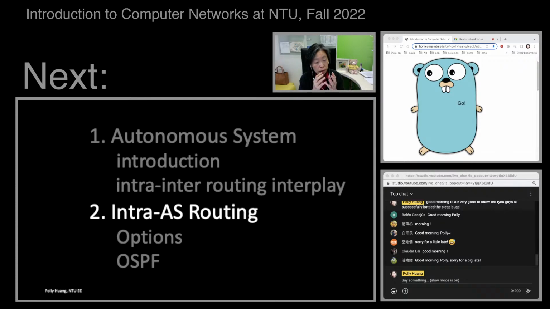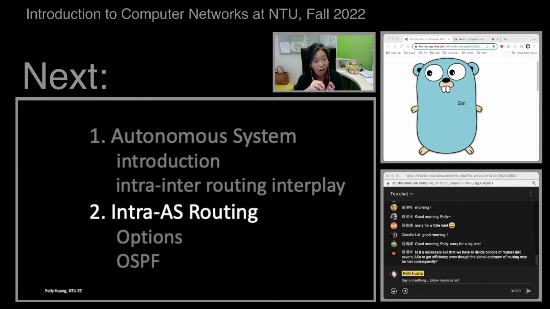Now, in order to send packets outside, these routers inside an AS will also depend on the gateway routers to install AS paths or AS routes to destinations outside of the AS. So inter and intra-AS routing collaborate in this way.